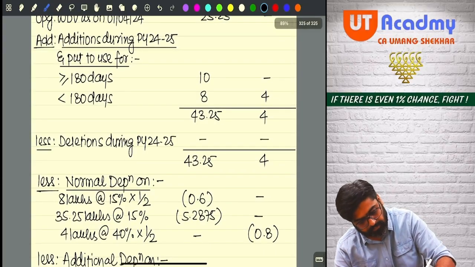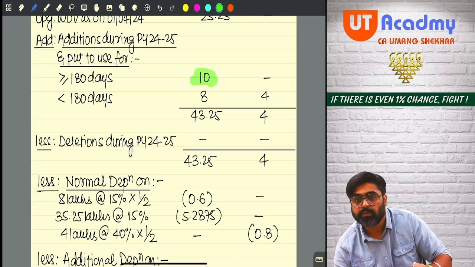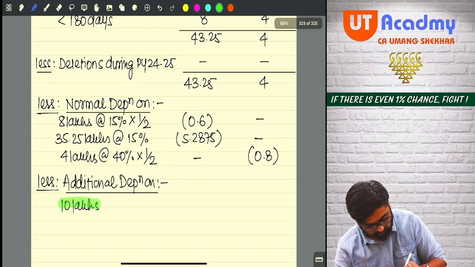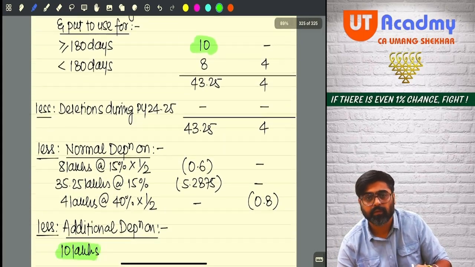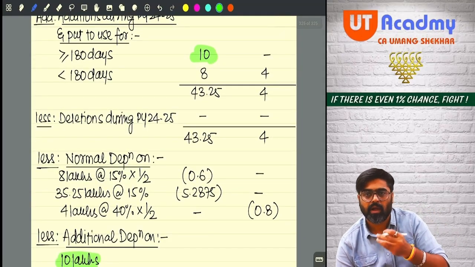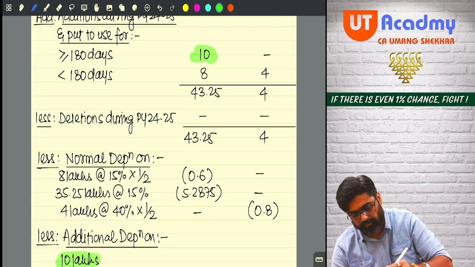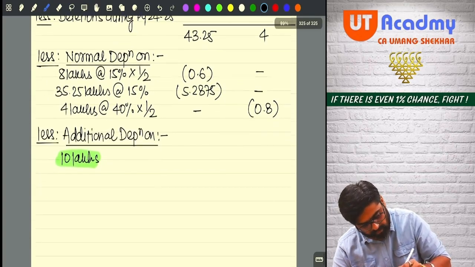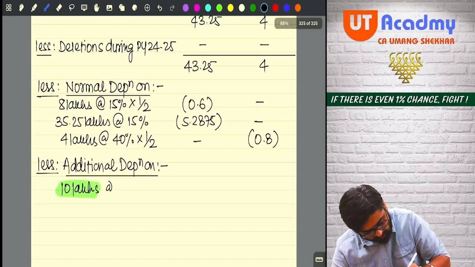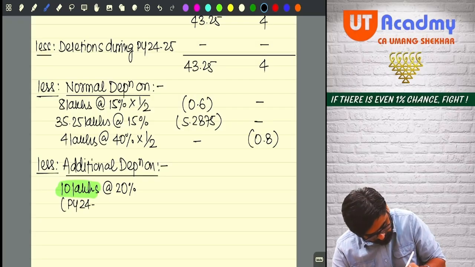Which 10 lakhs, sir? Sir, this 10 lakhs. This 10 lakhs I am talking. Color, green color. The plant and machinery which is purchased in this year and put to use for 180 days or more. On that, additional depreciation will come, and that will come at the rate of 20%. And this is for previous year 24-25.